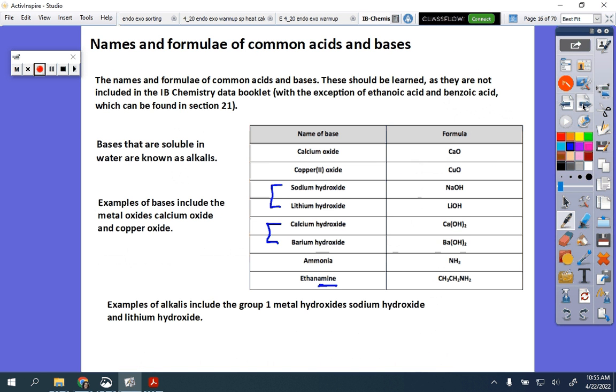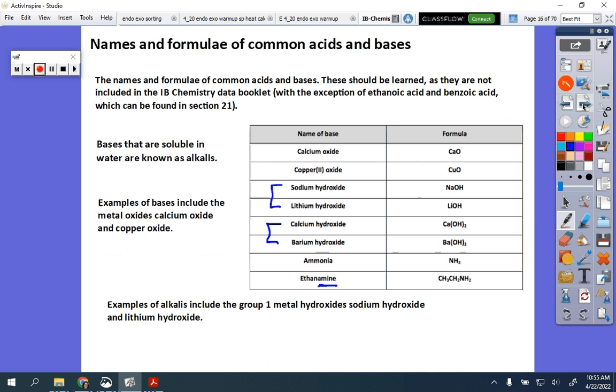Okay, some common bases. The oxides and hydroxides are the main ones. They are the metal oxides and metal hydroxides, especially group 1 and group 2. Sodium hydroxide is a very commonly used base.